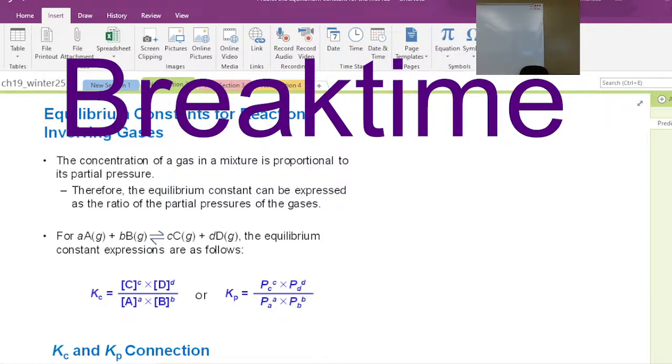Great, it should be in there. Double check.